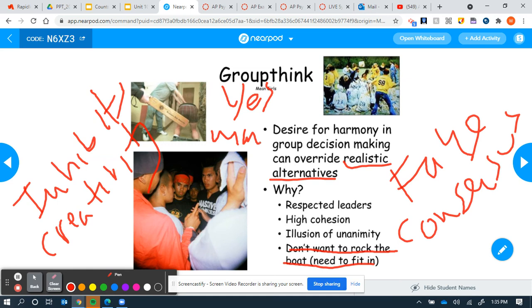The most famous example is the Challenger explosion. Right? They knew that they should not launch the Challenger on that day. It was too cold out. There was ice on the wings. But they were getting pressure from, not Northrop Grumman, the company that made the shuttle, to launch.